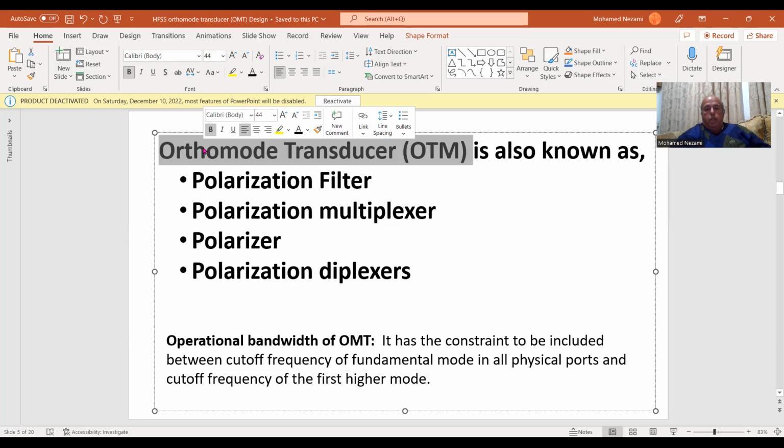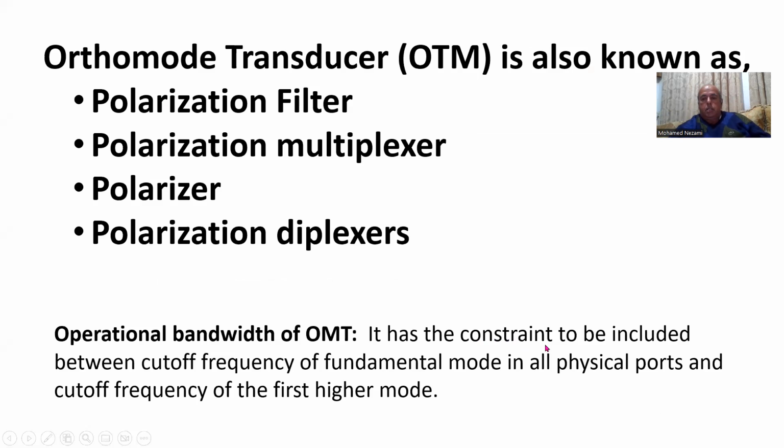Now the main thing that is defining this device is really the operational bandwidth. And the operational bandwidth, like I mentioned in here, has a constraint to be included between the cutoff frequency of the fundamental mode of the waveguide in all physical ports, meaning the two feeds, and the cutoff frequency of the first higher order mode, okay?